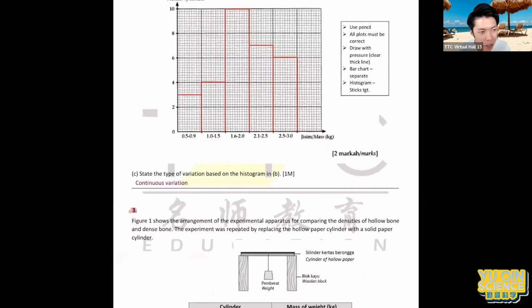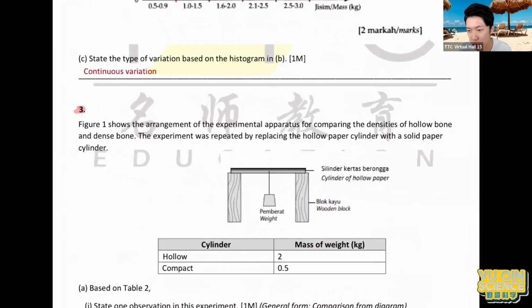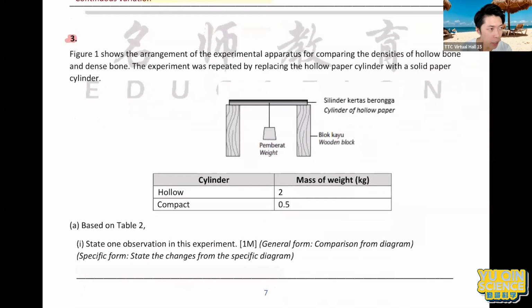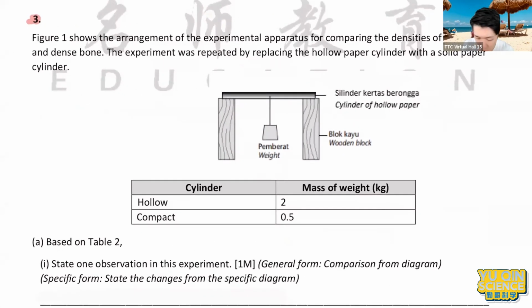After this, let's get to question 3, shall we? Let's try out the others, like all the hypotheses, manipulated, responding. This is from chapter 6, support and movement, where we talk about hollow bones and compact bones.